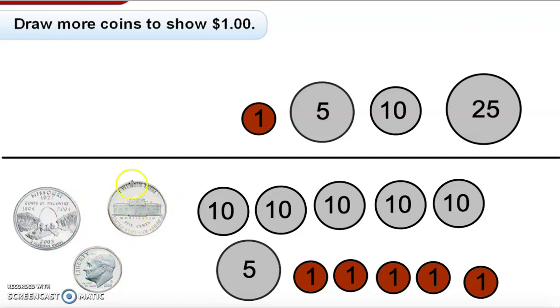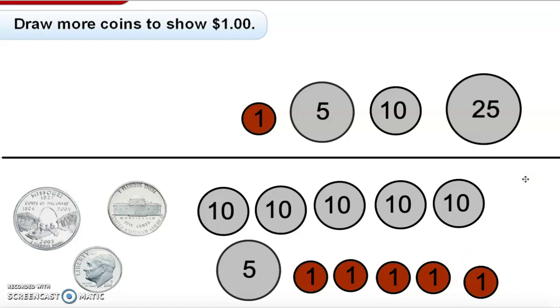Now we're going to keep counting using the coins that I made. So 40, 50, 60, 70, 80, 90, 95, 96, 97, 98, 99, 100 cents, or $1.